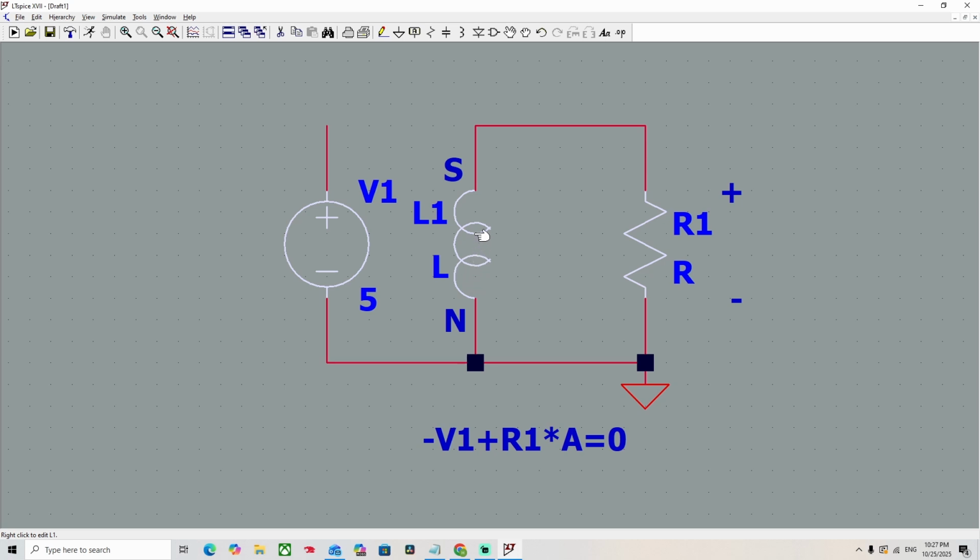So it can't go the same direction as what the current was flowing. It simply can't, because of how equal and opposite reactions work.